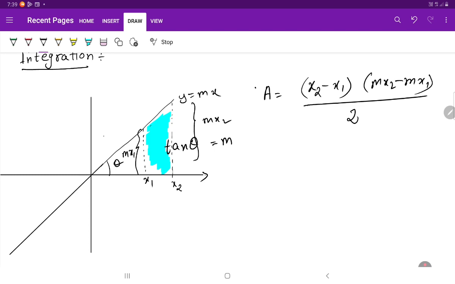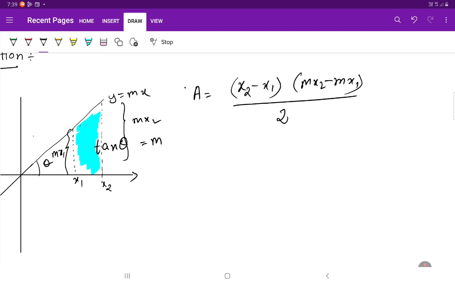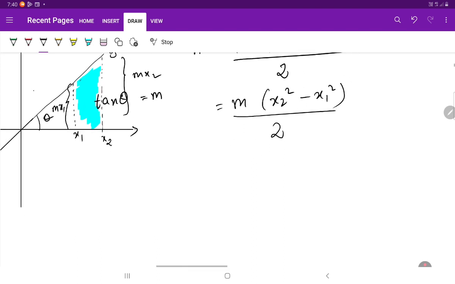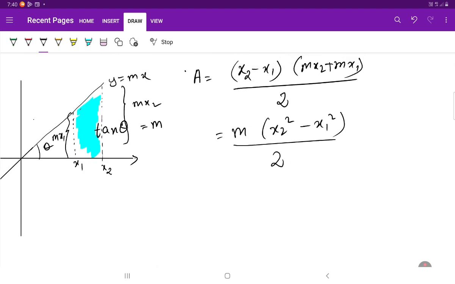We know that the area is the distance between the parallel sides into the sum of the parallel lengths by 2. So it will come out to be m times (x2 square minus x1 square) by 2. Hope you get it. This is the case when x2 is greater than x1. Even if x1 is greater than x2, that doesn't matter because the sign will just change.